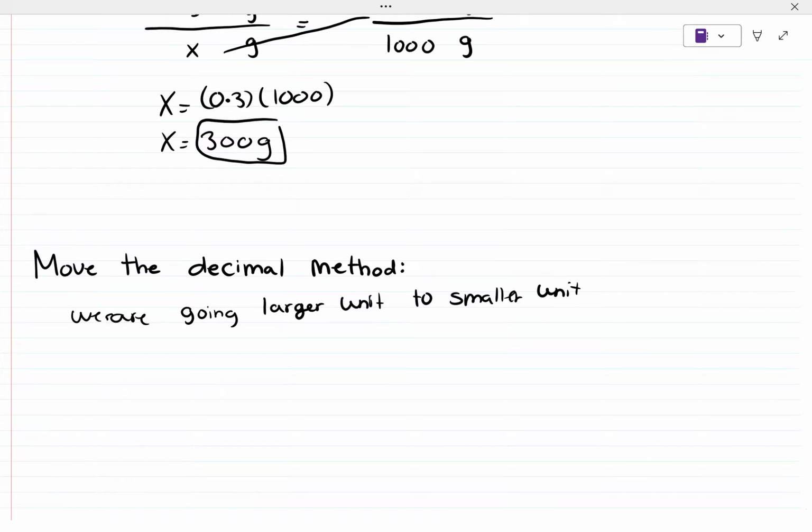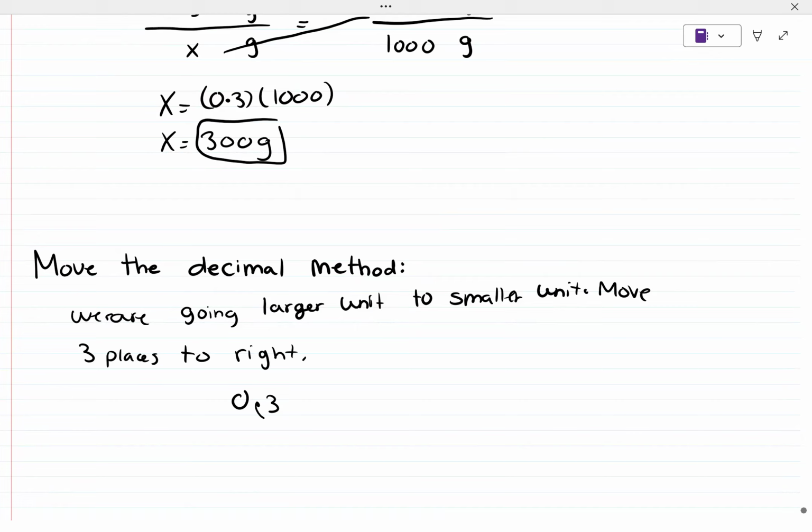So you're going to have to move the decimal 3 places to the right. What we were given is 0.3, and here's the decimal. We're going to move it 3 places to the right.